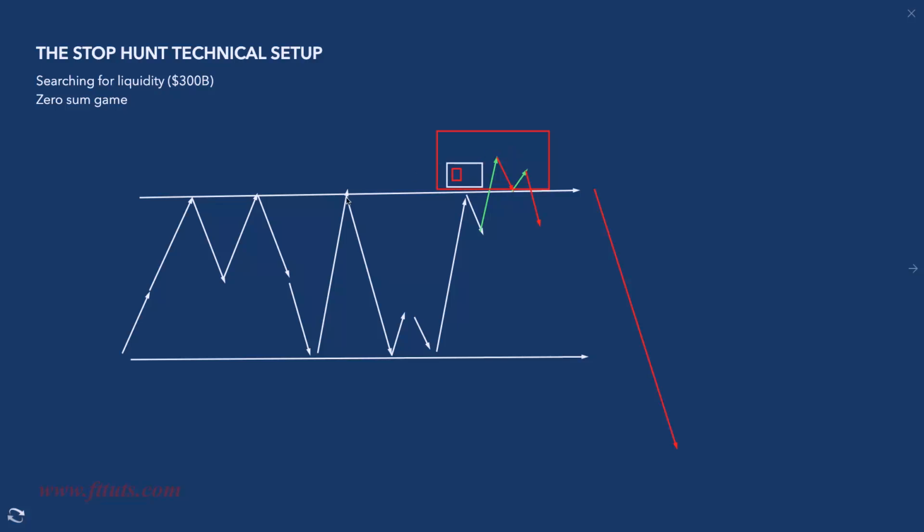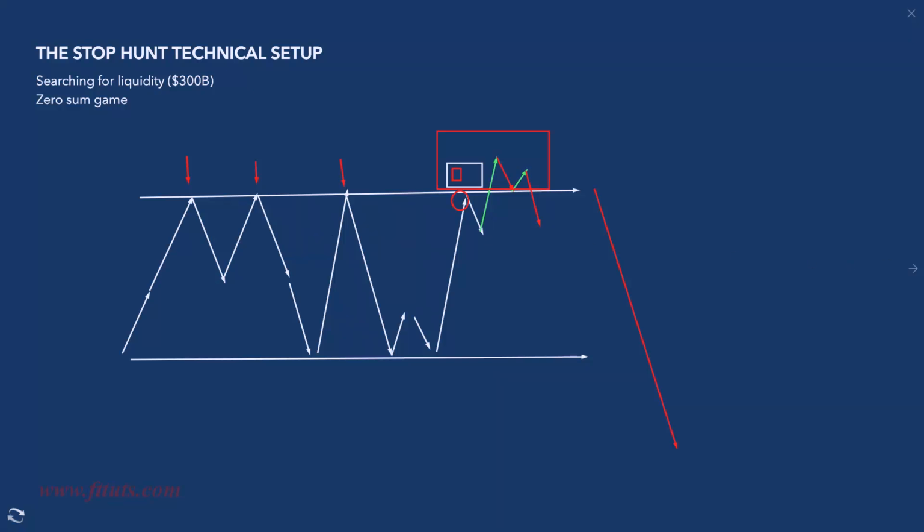But when you see a level that's been touched once, twice, at a minimum 3 times, and then you start to see price action that looks like it's working. So again, you want to see convincing price action like pin bars. You want to see engulfing candles, price action that starts to look like it's selling off, and understand that these traders are going to be placing their stop losses in the only place that they can, which is to the short side.